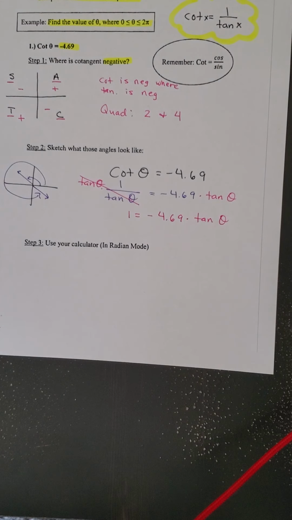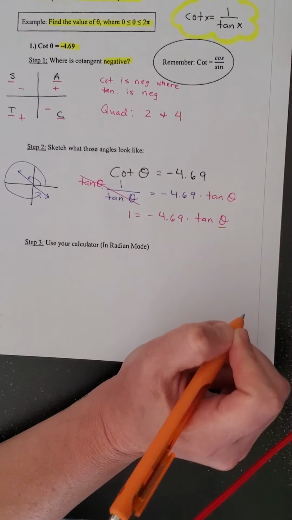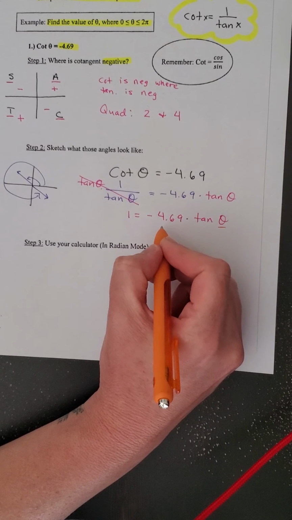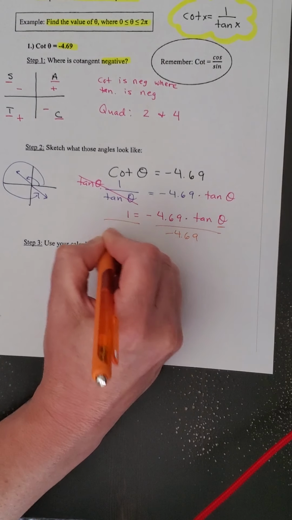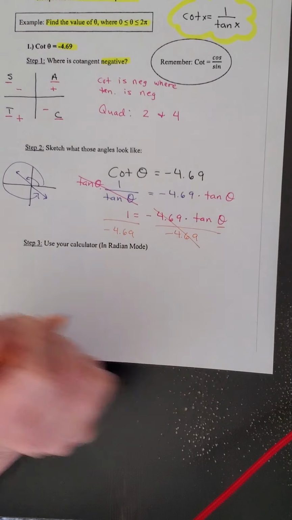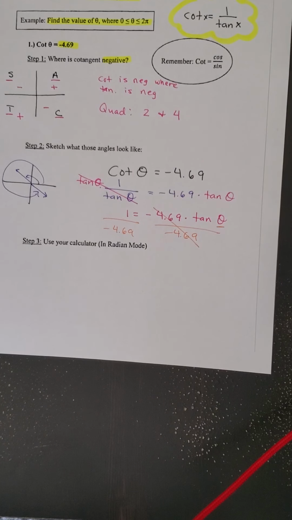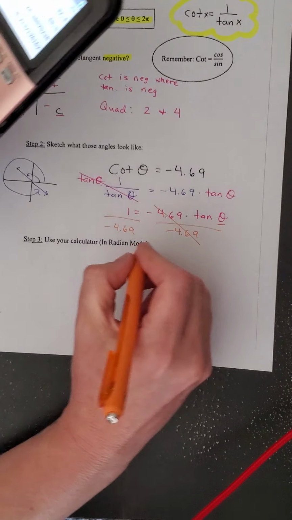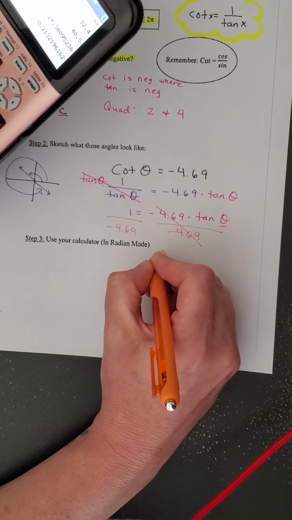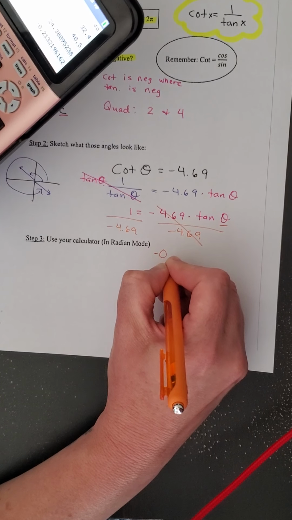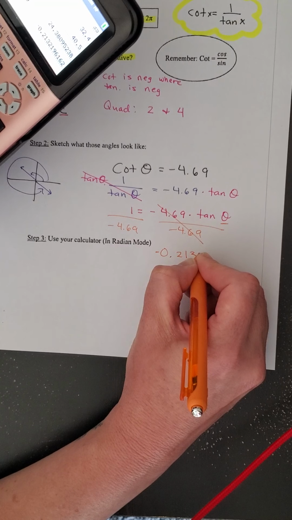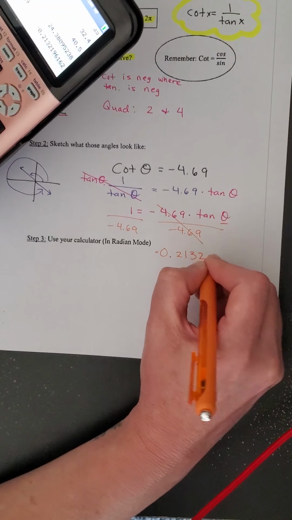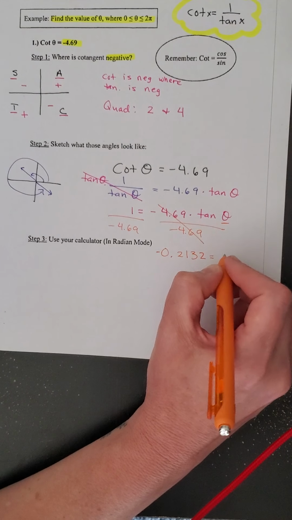All right, from here, remember our goal is to isolate theta. And so I'm going to go ahead and divide both sides by negative 4.69. So 1 divided by negative 4.69 is negative 0.2132, equals tangent theta.